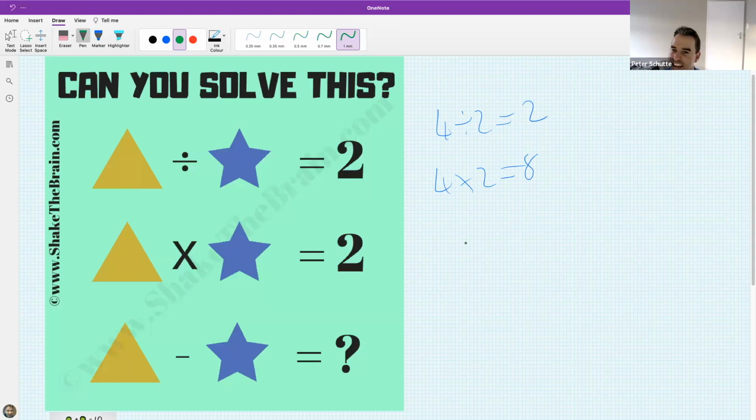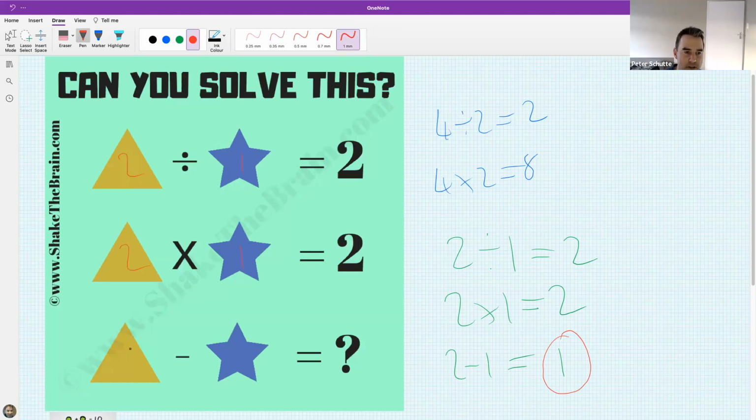So Inga has suggested that we go 2 divided by 1 is 2, and then 2 times 1 is 2, and then 2 minus 1 is 1. And so these two numbers seem to be 2 and 1, which means the final answer must be 1.